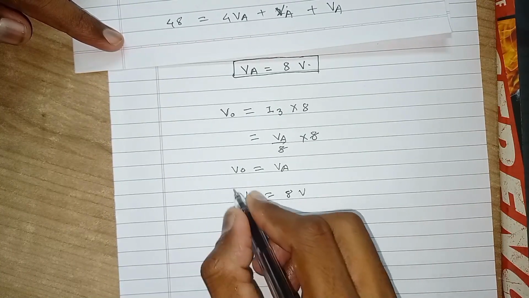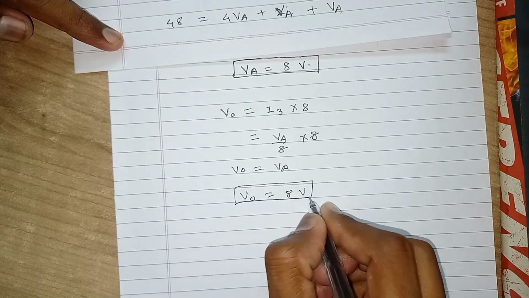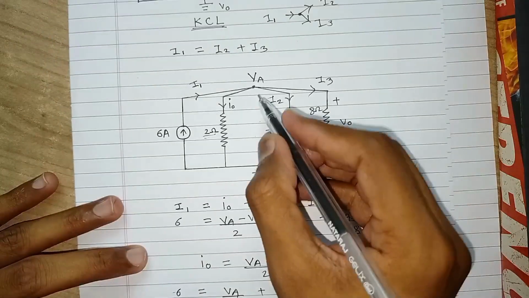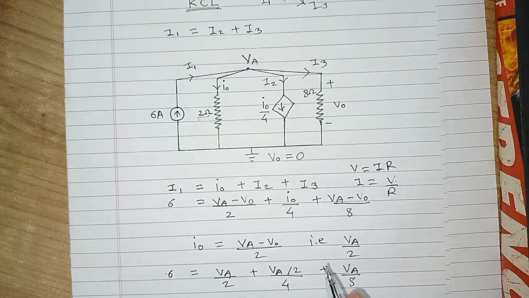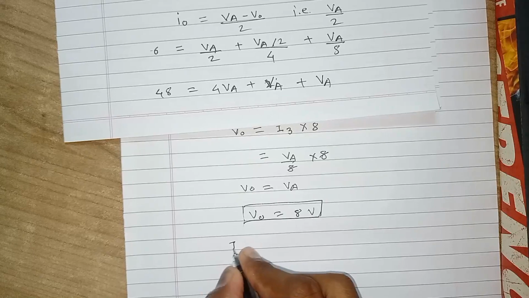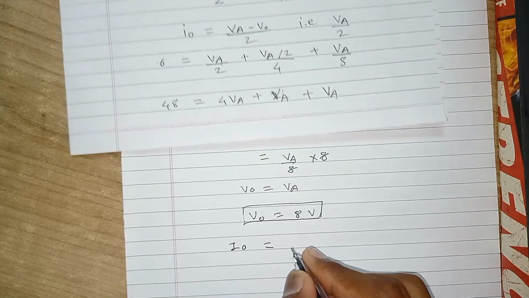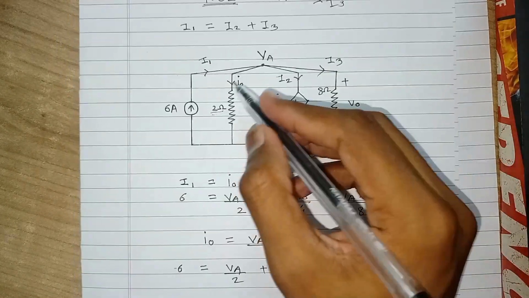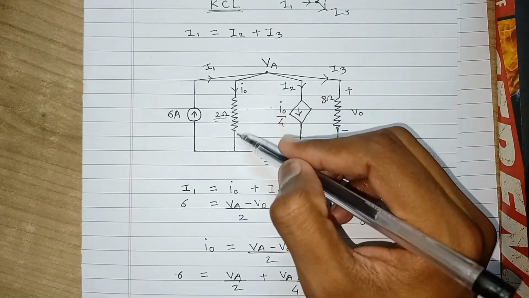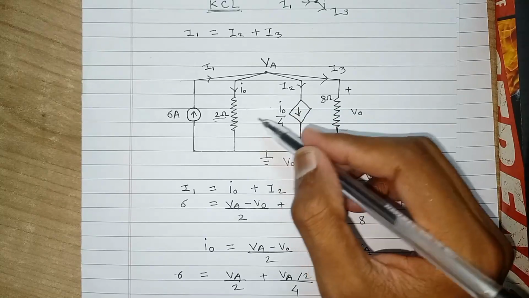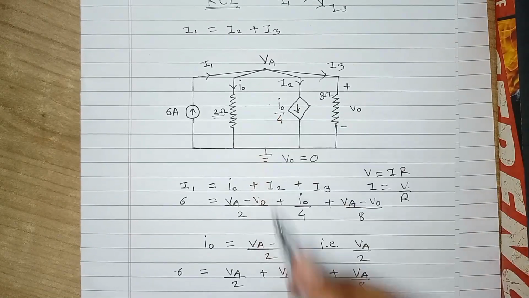Now we have to find I0. I0 is the current flowing through this 2 ohm resistor. How will we find it? I0 will be equal to the voltage across this 2 ohm resistor divided by the value of this resistance.